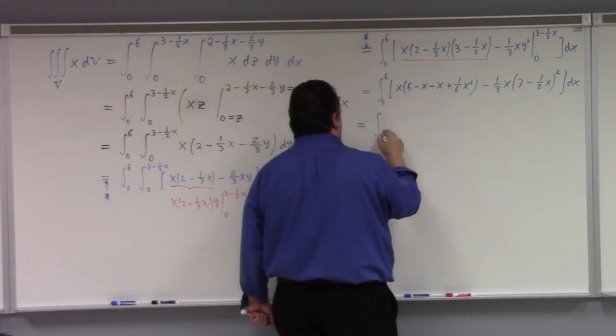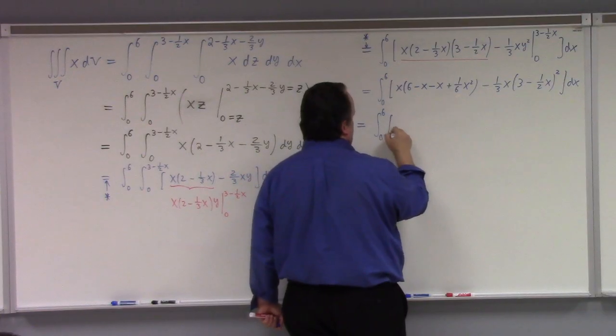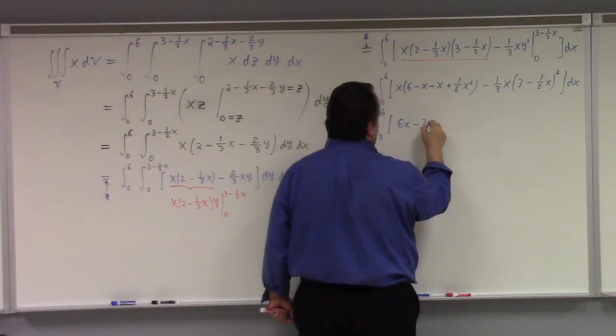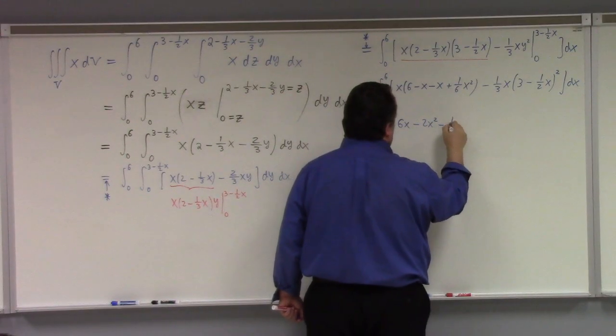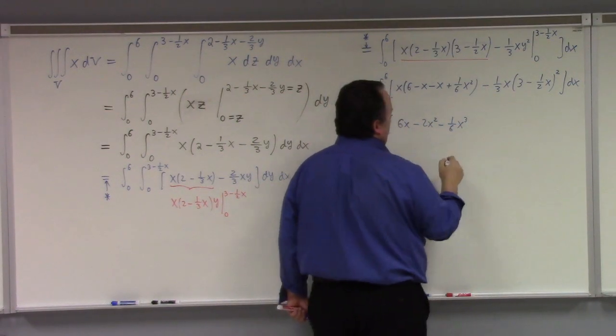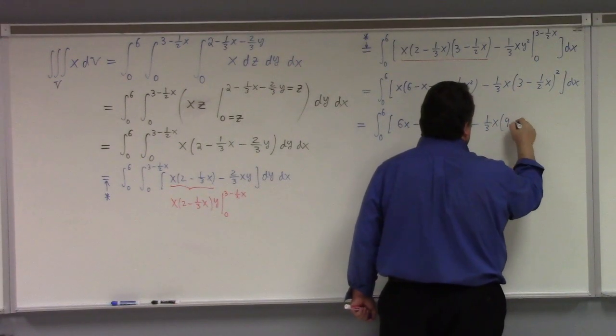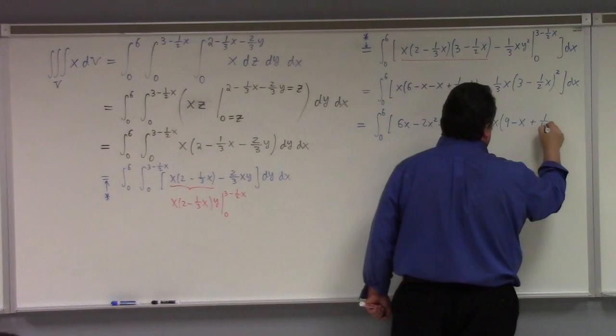All right, integral from 0 to 6 of, apparently, 6x minus 2x squared minus 1/6 x cubed minus 1/3 x times, well, that's 9 minus x plus 1/4 x squared.